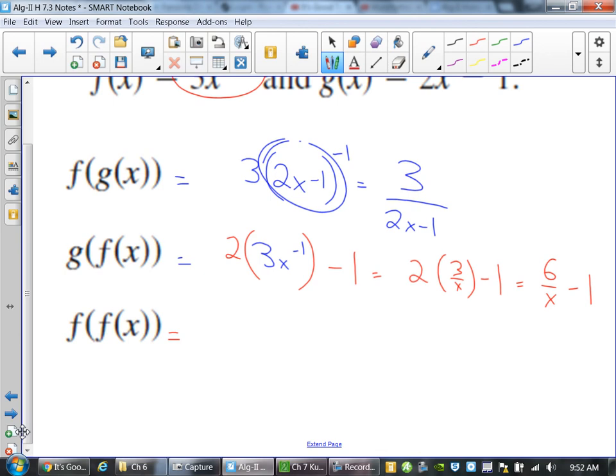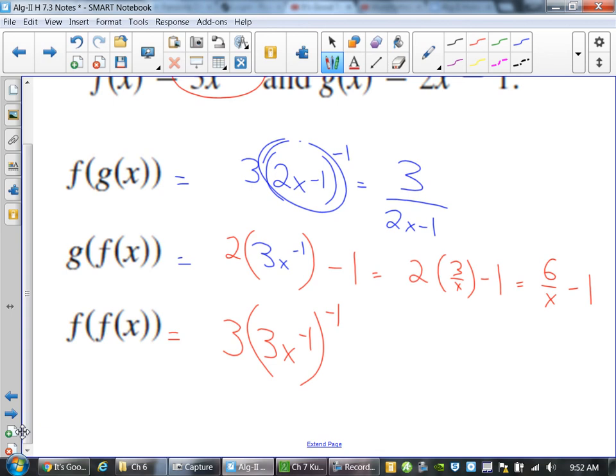You start again with the 3x to the negative 1, because that's the f of x equation, and then you surround it as it was x. I took 3x to the negative 1 and substituted it into x in the g equation.